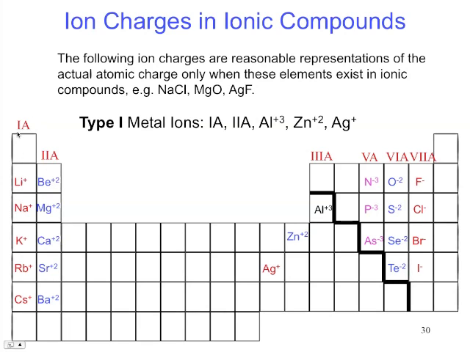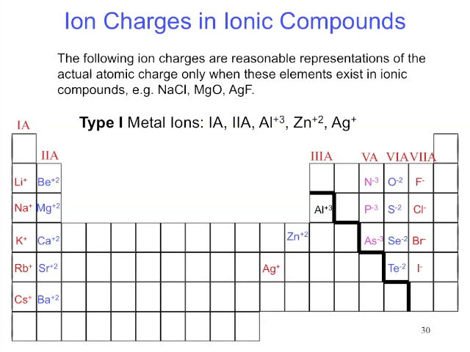You can just look in the place in the periodic table, and they will always give you the charge. +1 here, +2 here. In addition, in group 3, aluminum is always +3. Then there are only 2 others that you need to memorize. Zinc, when it forms an ionic compound, is always +2. Silver is always +1.